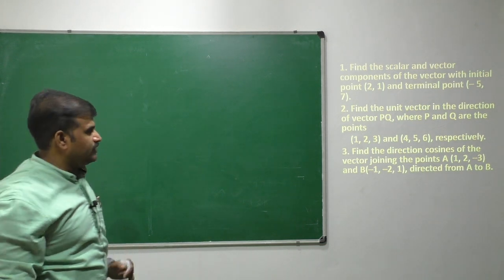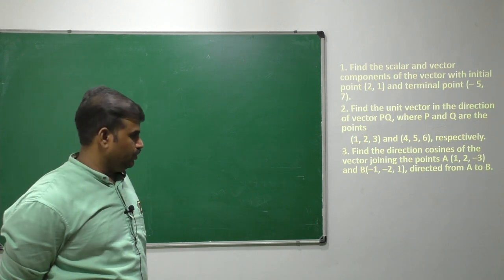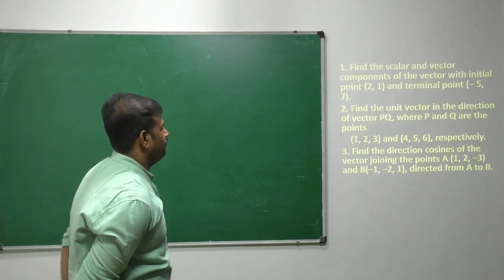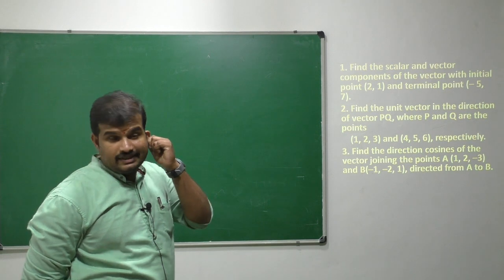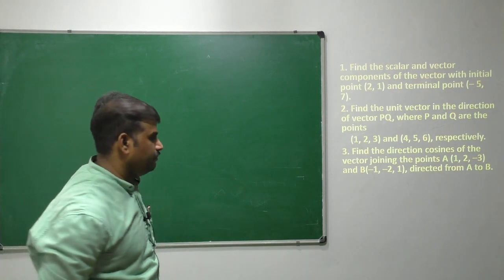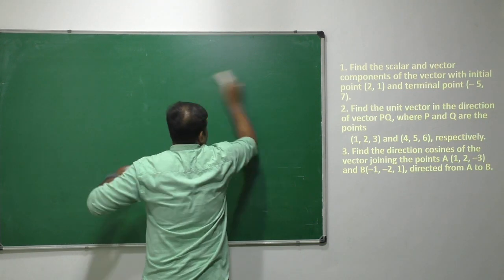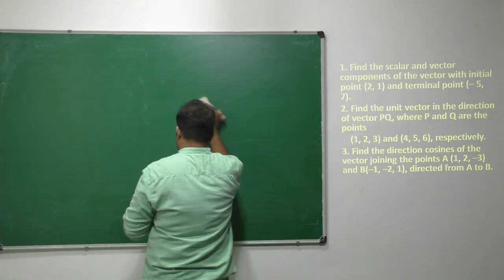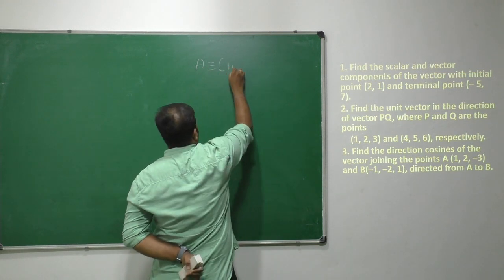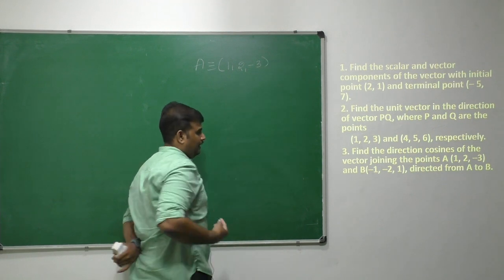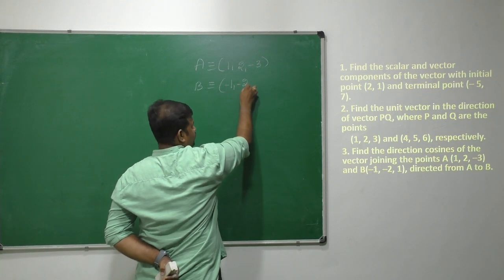Next: find the direction cosines of the vector joining points A with coordinates 1, 2, minus 3 and B with coordinates minus 1, minus 2, 1, directed from A to B. Directed from A to B means the initial point is A and the terminal point is B. The coordinates of A are 1, 2, minus 3 and of B are minus 1, minus 2, 1.